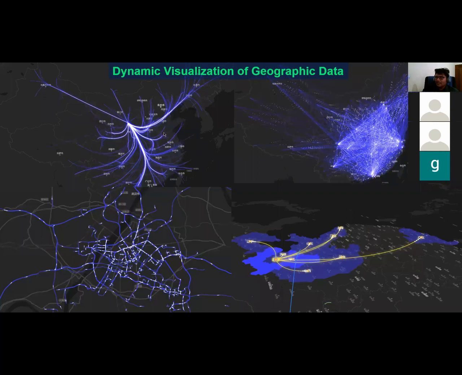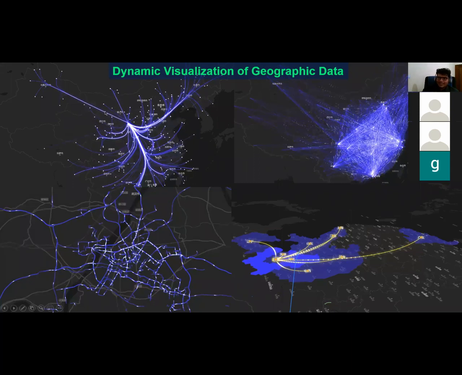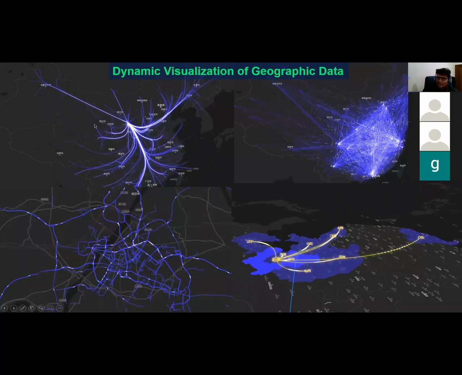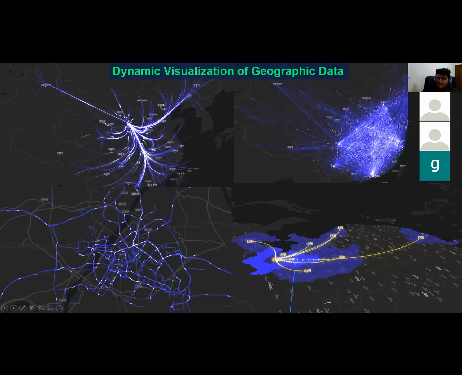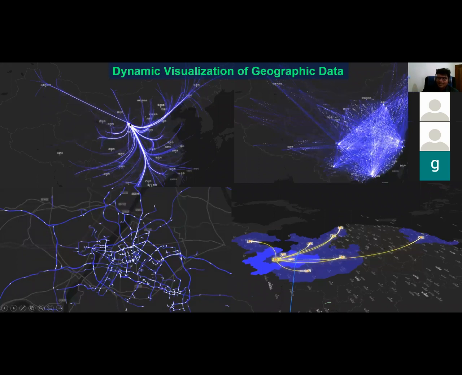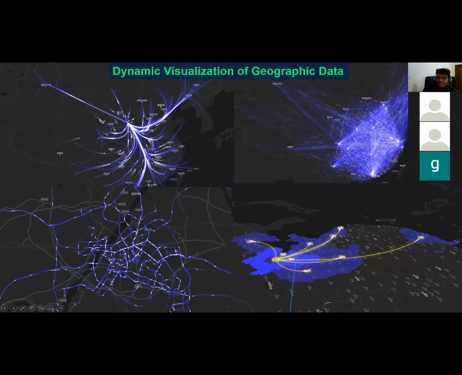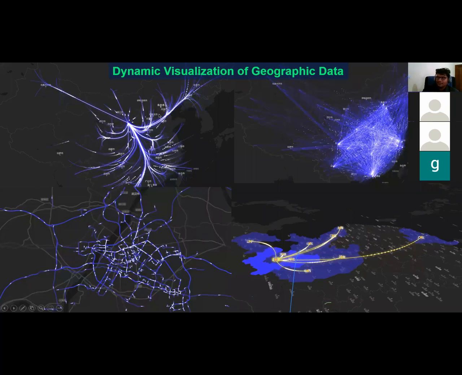Now here you can see, if the data is just in tabular form, you don't see how it behaves in the real world: the locations, how they come to this point, what is the criticality of that point, why you need to select a certain point when you want, say, a strategically important topic. That is how you want this dynamic visualization of geographic data.